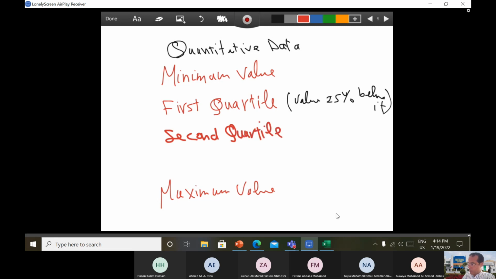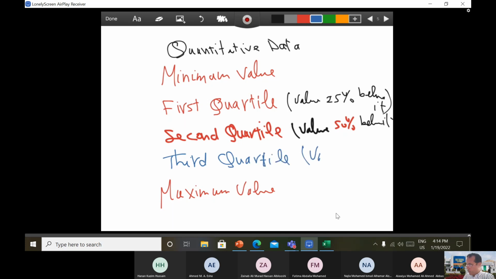The second quartile is the value having 50% below it. And the last one, the third quartile, is the value having 75% below it.